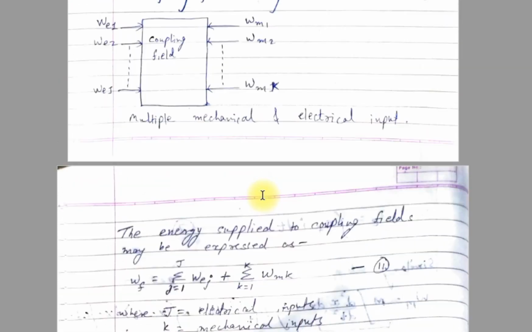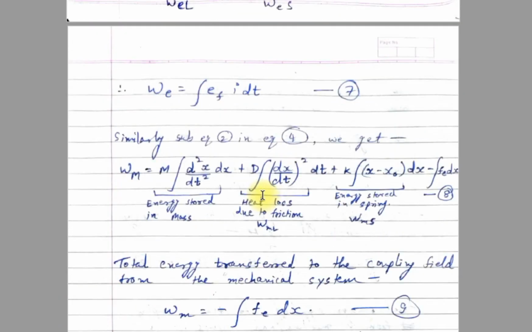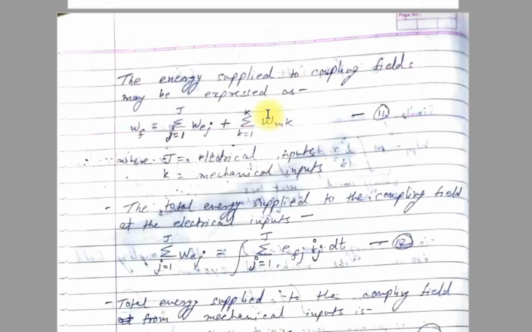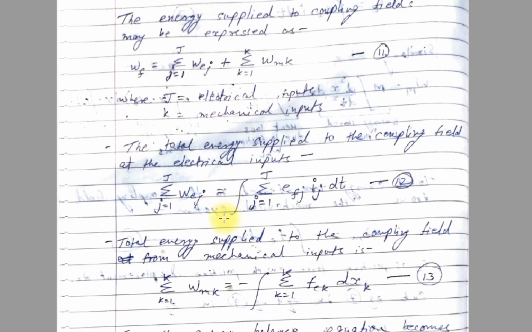For this we have used this equation number 7, WE is equal to integration of Ef into I dt. Now when we have more than one input, we have modified our equation substantially.